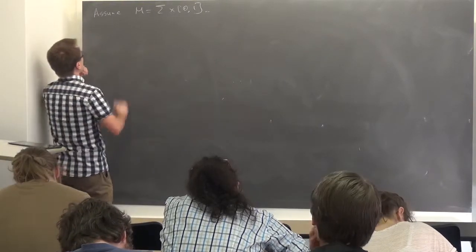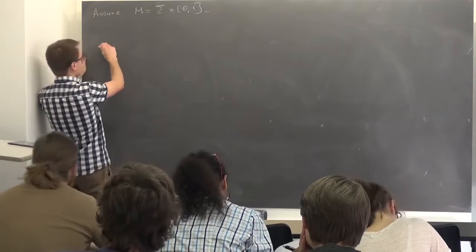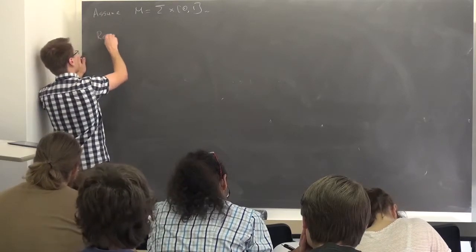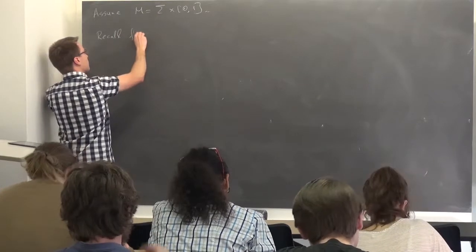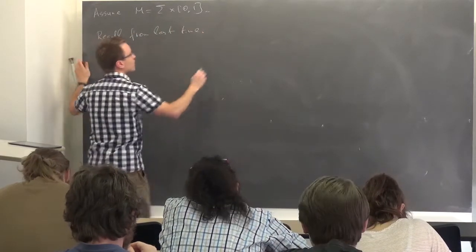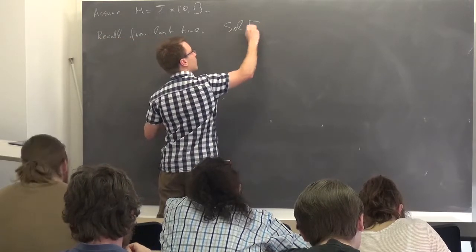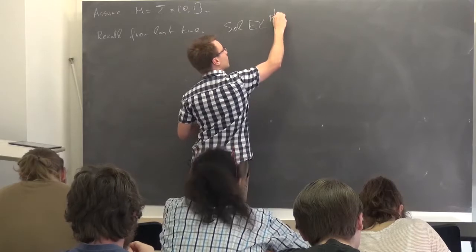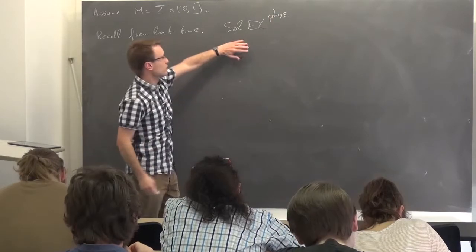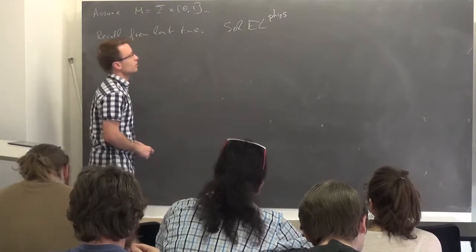Okay, let me also remind you that I computed the space of classical solutions last time. Actually, the space of physical classical solutions. So this space was the space of classical solutions modulo gauge transformations. That's what the physical stands for.